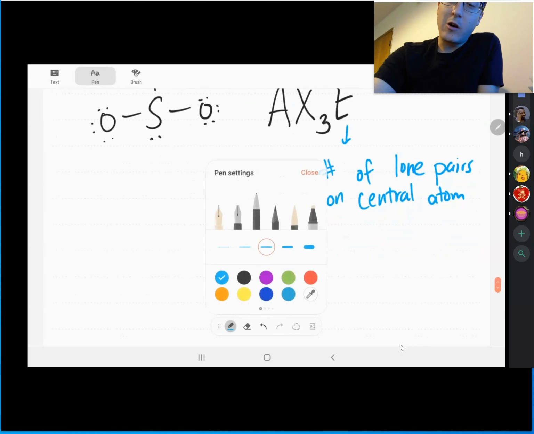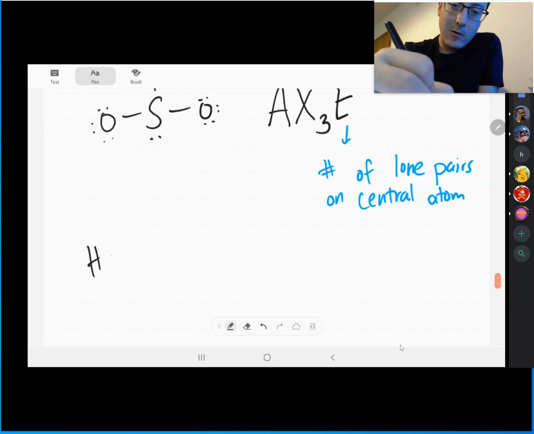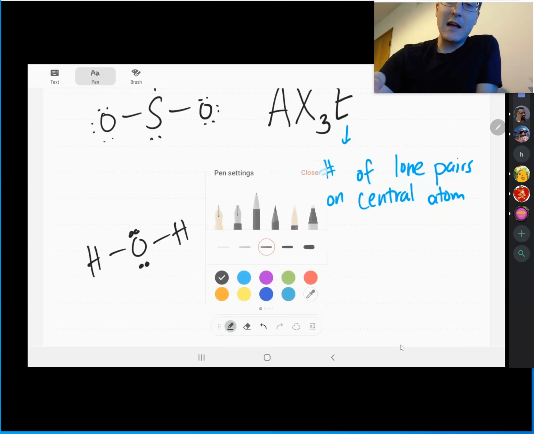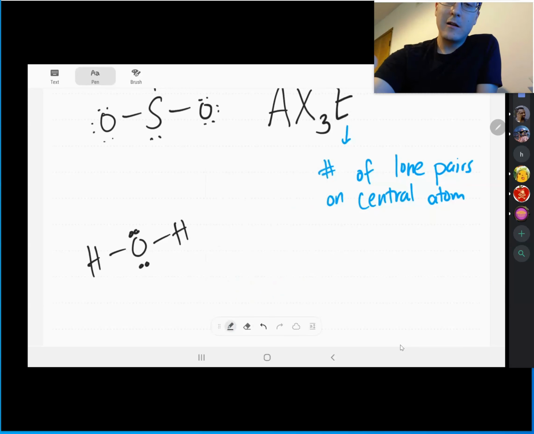Alrighty, looking at water. Here, look, I'll do it like you guys do it. On our central atom, we have, of course, one central atom.